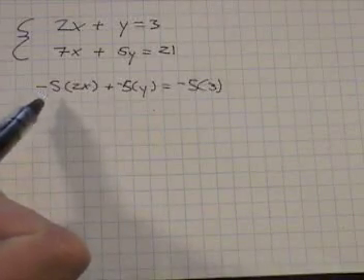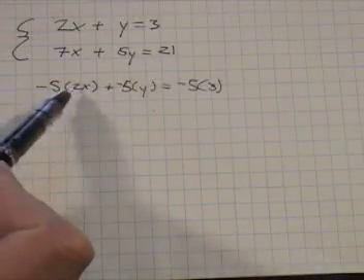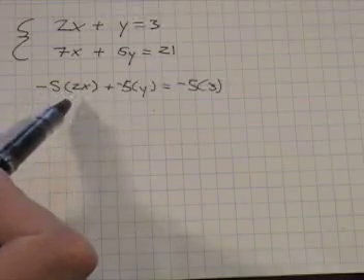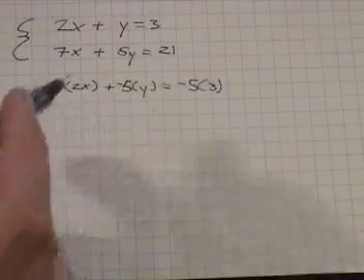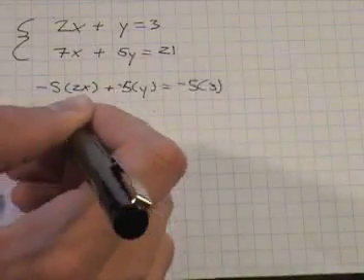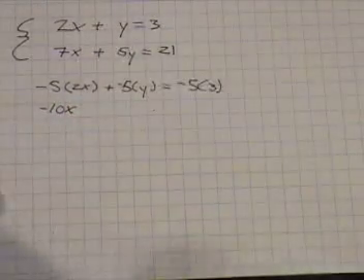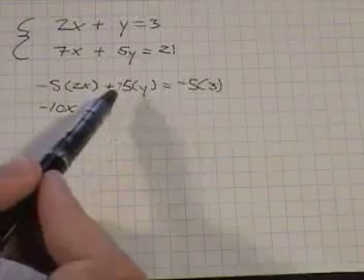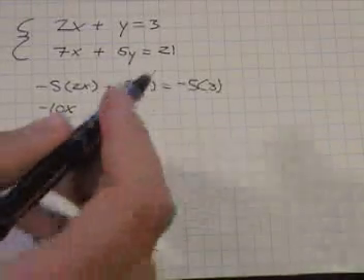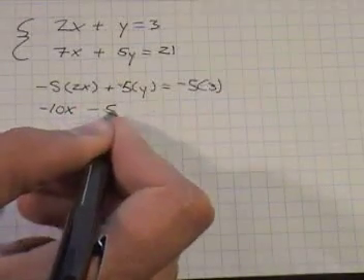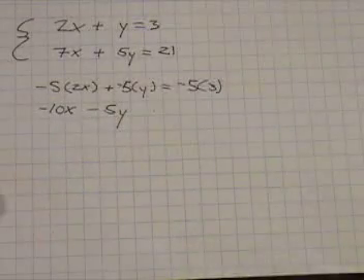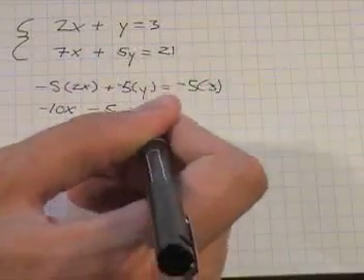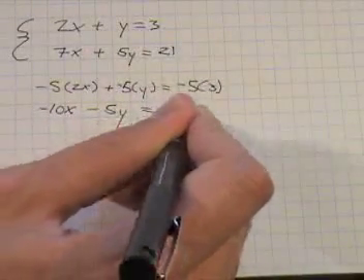This is going to become negative 10x, because it's 2 times the negative 5, that's 10. So negative 10x, and then this is going to become a negative 5y. Negative 5 times y is just negative 5y equals negative 15.